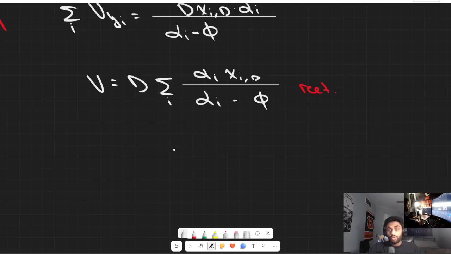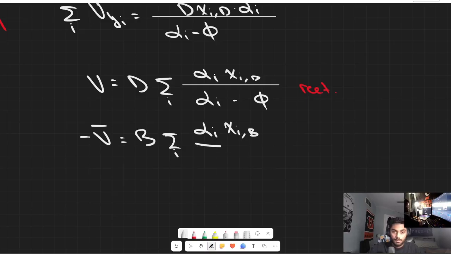And what you could do, much like the Rachford-Rice, is you could go ahead and do the same mole balance and material balance for the stripping section. And what you will end up with is an equation that looks very similar, where we have, instead of V, we have a minus V bar is equal to the bottoms flow rate, summing over all terms I. We have our relative volatility, and this time it's the liquid mole component in the bottoms, and the relative volatility minus this term psi.